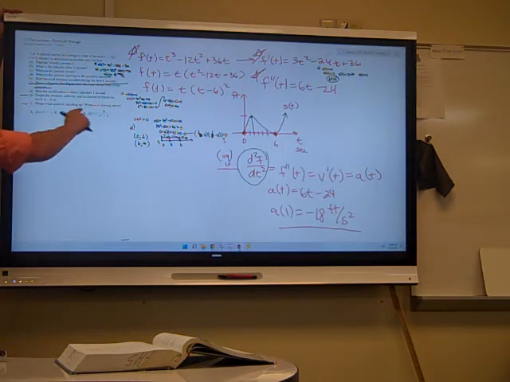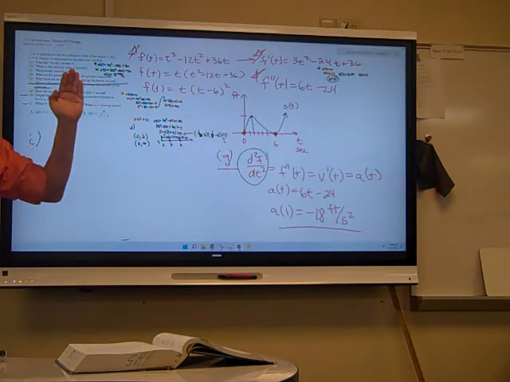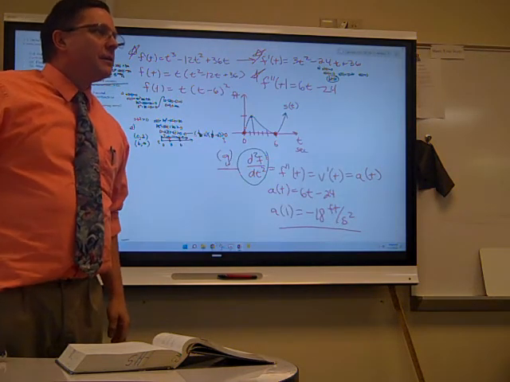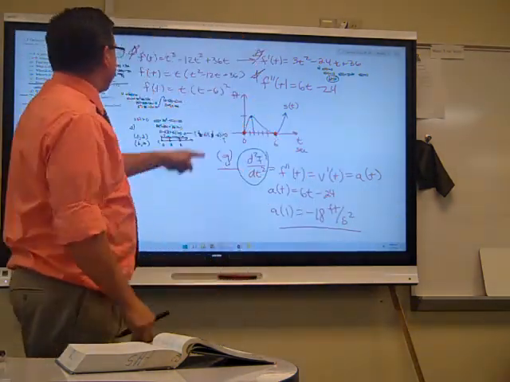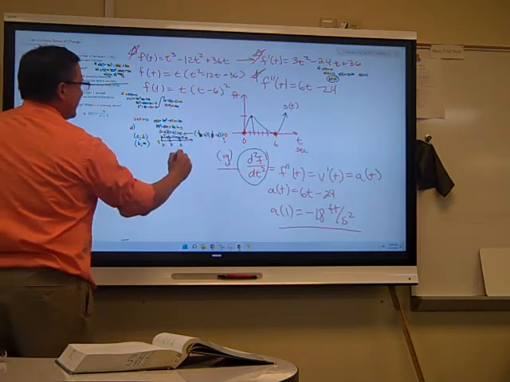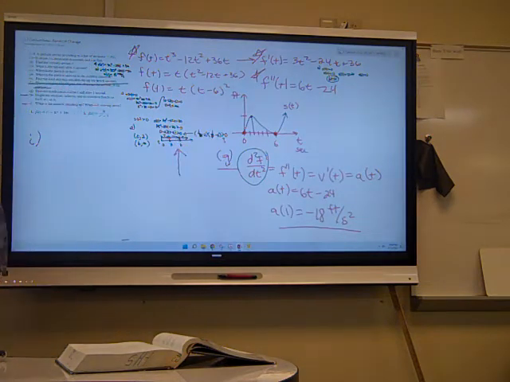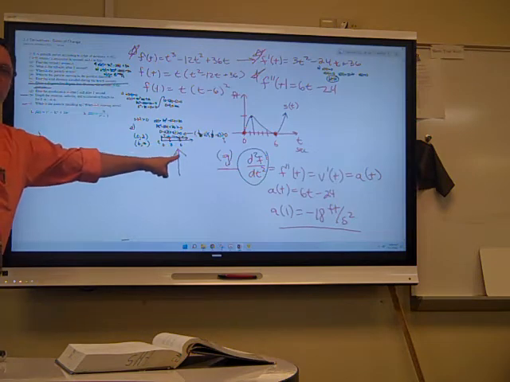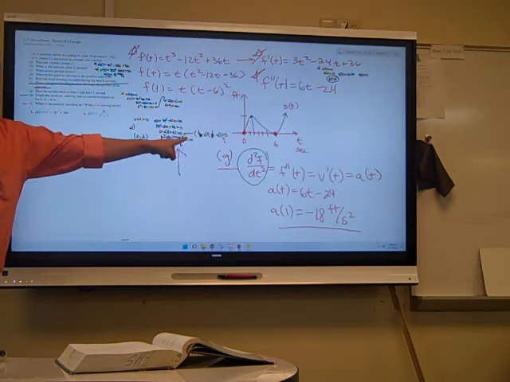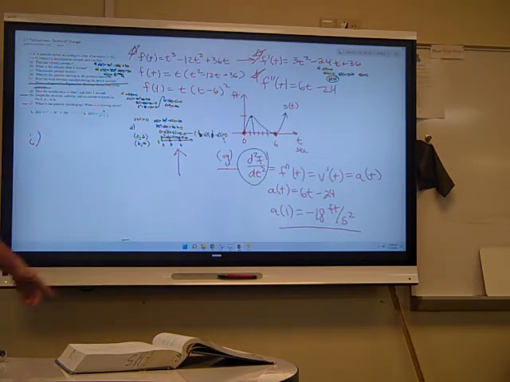All right, so everybody, there's a huge problem here. Before you can start doing this, you have to define where the velocity is positive and where it is negative. And we've done that way back on letter D. We agreed the velocity was positive from 0 to 2, and positive from 6 to infinity.